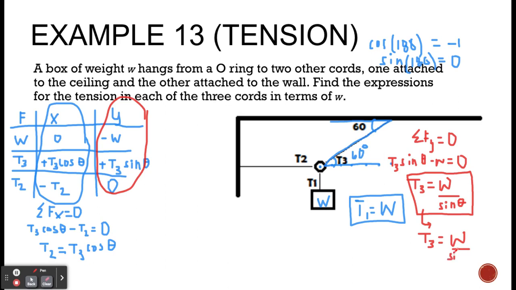So if we do that, we'll get W, the weight, over 0.866, which T3 ends up being 1 over 0.866. We get 1.15 times W. So some constant times W.